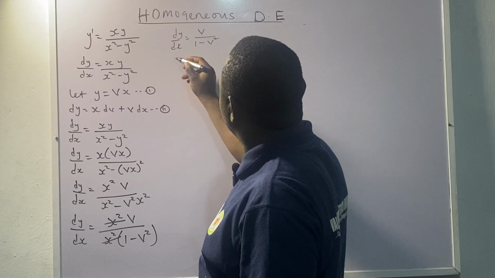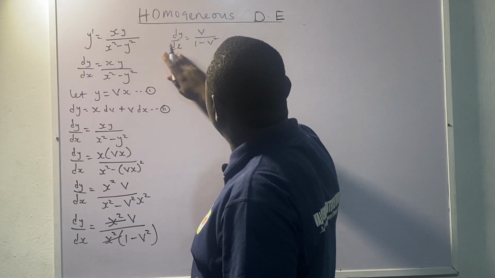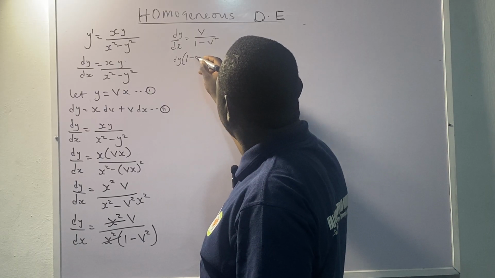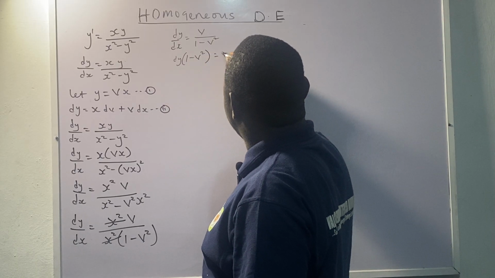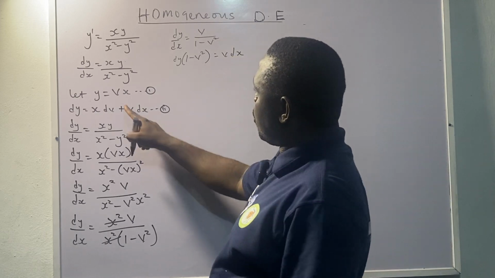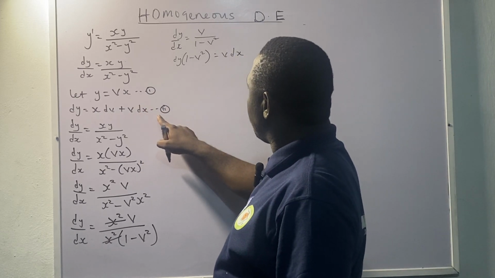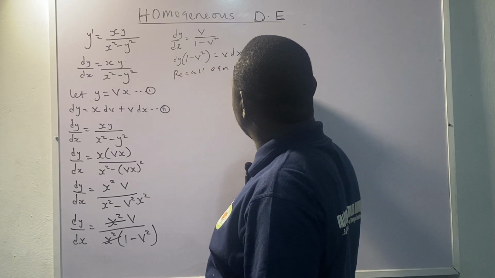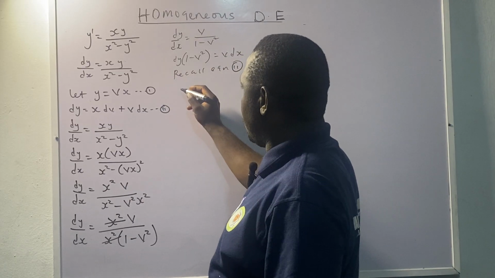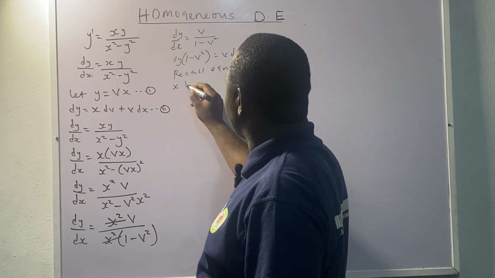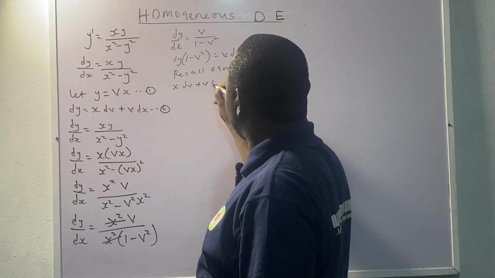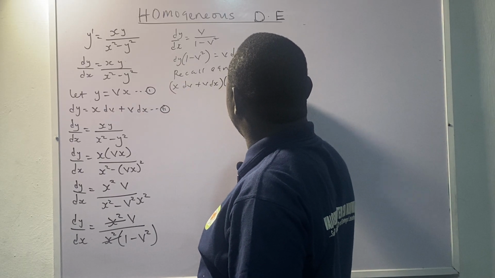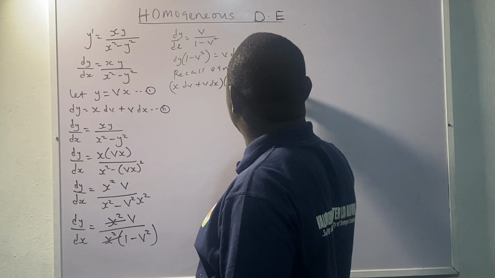So recall equation 2. Okay, before we recall, let's cross multiply. So we have dy, recall your equation 2. So we have equation 2, that's x dv plus v dx, and then 1 plus v squared equals to v dx.